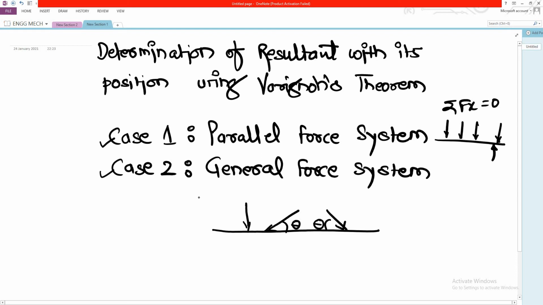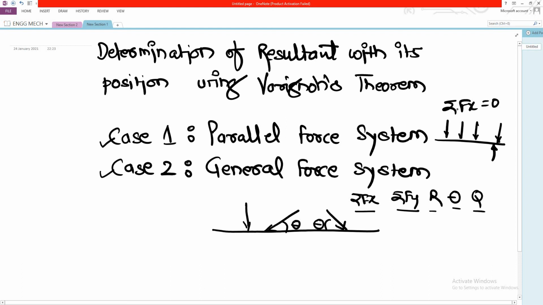And when we are talking about the general force system where some vertical, some inclined forces are there, then we will have to determine summation Fx, summation Fy, then R, then theta and quadrant. Recalling the problems of determination of resultant, for position and magnitude of the resultant we had to calculate summation Fx, Fy, then magnitude of resultant, then inclination of resultant as well as quadrant.